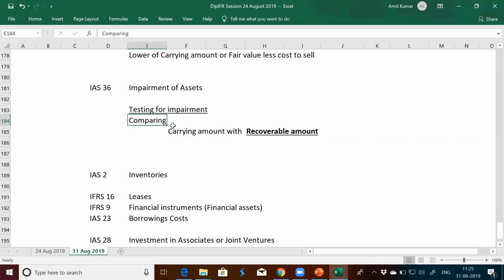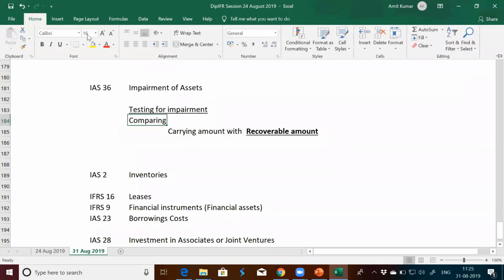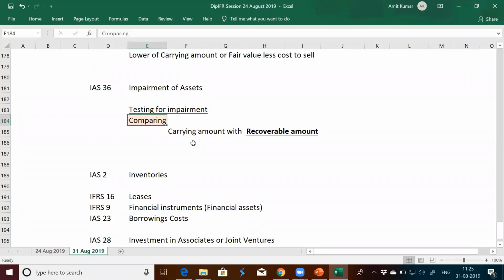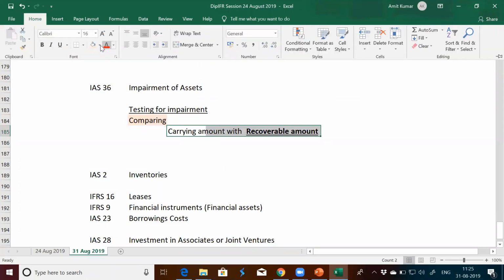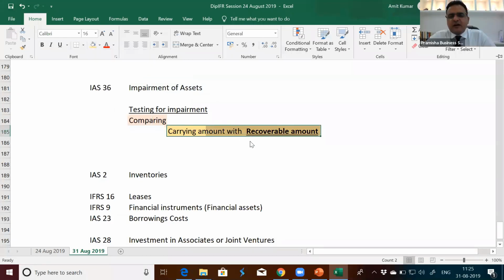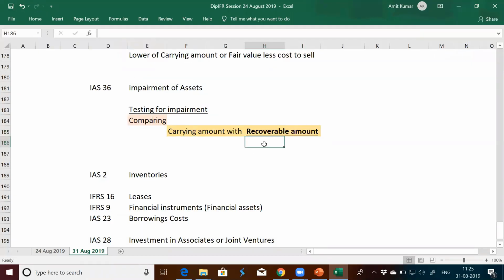It is the fair value of the asset over which we can realize the asset at arm's length. What are the ways by which we can recover the value of an asset? Either by using it or by selling it.